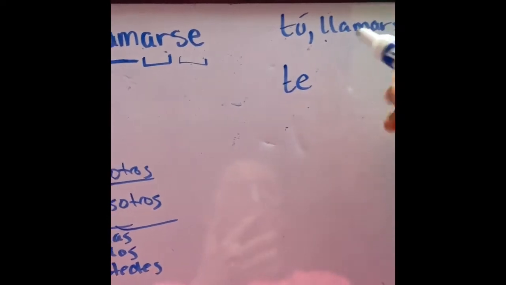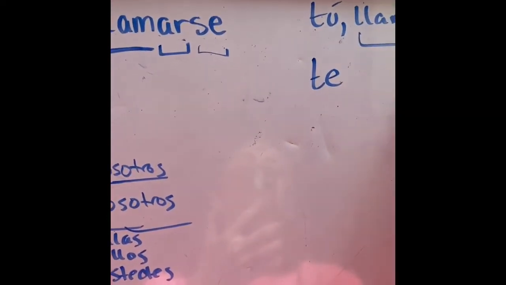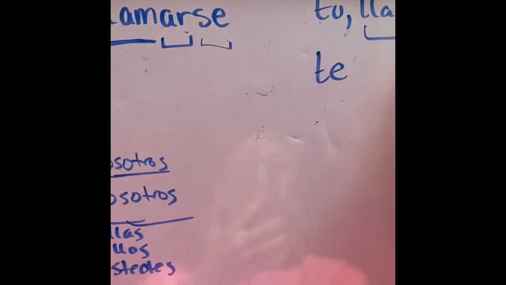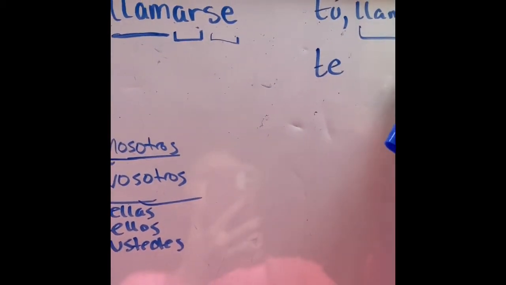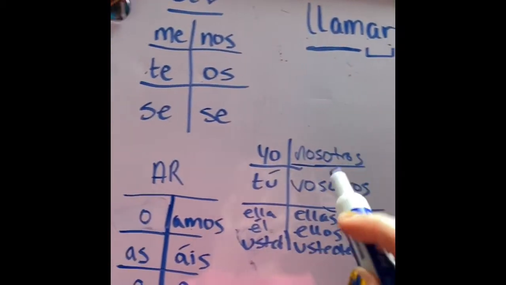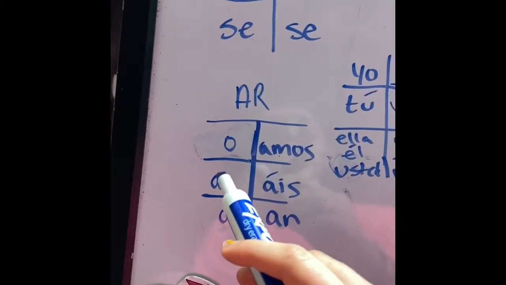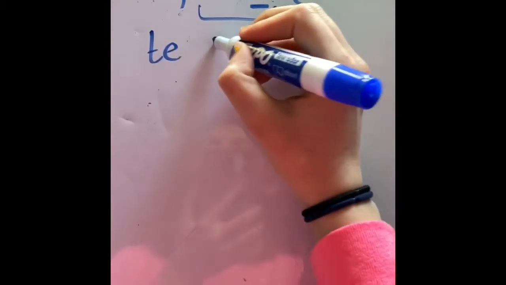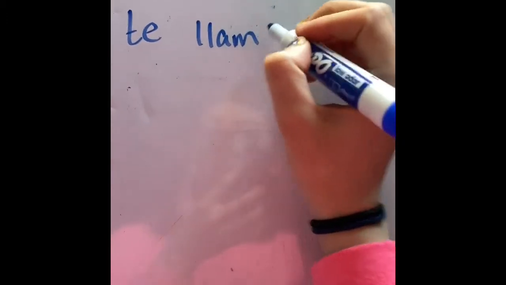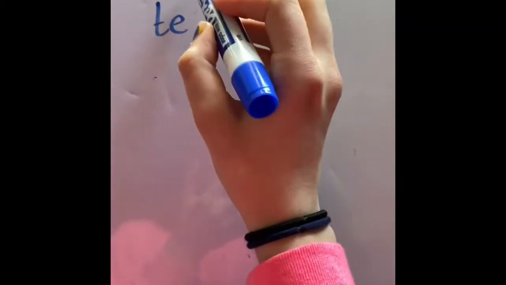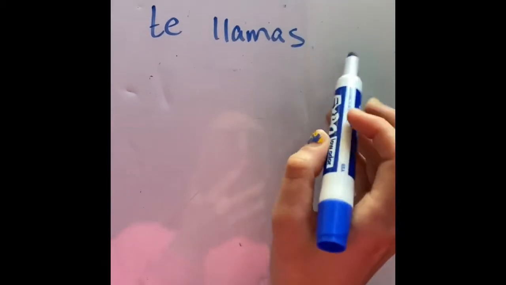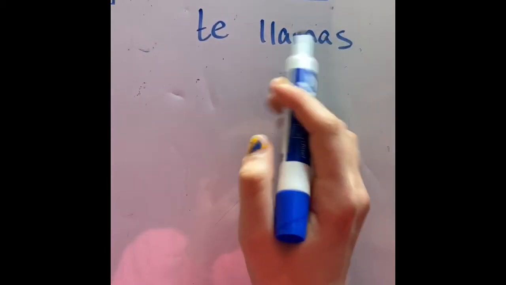And then you're left with the llamar part, and the AR. So an AR ending in the tú form, middle left, is going to end in AS. So llamas, because you keep this part and then you change the last 2 letters. So te llamas is how you conjugate that.